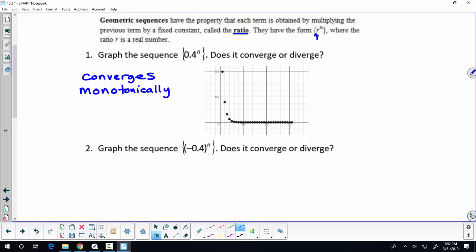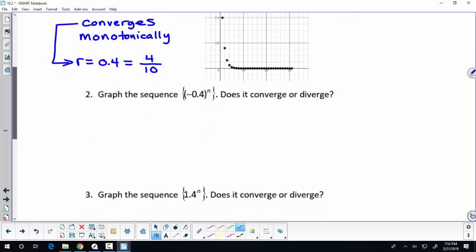Yeah, 0.4. Sequences that are geometric have the form R to the n, the ratio to the nth power. So our ratio here is simply 0.4. The connection we're going to make is convergence and divergence by looking at the ratio.